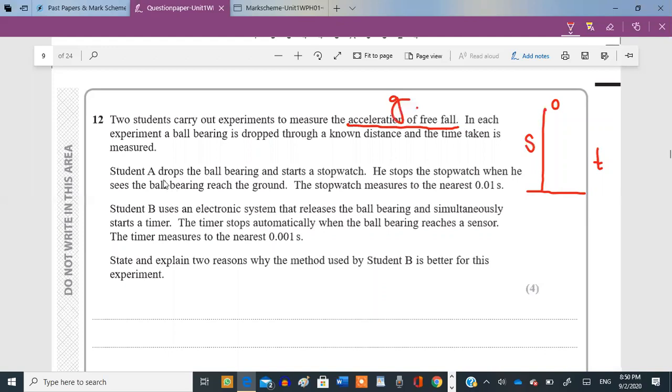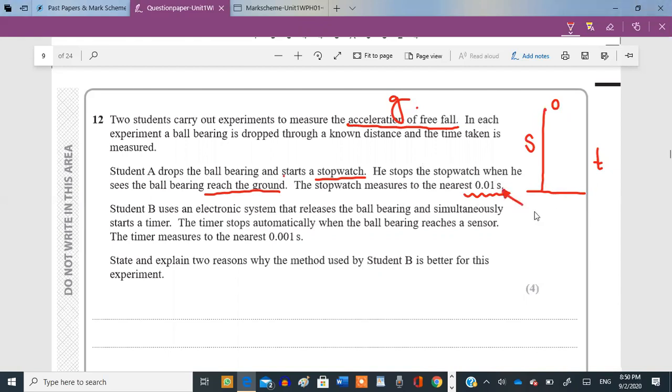Student A drops a ball bearing and starts a stopwatch. He stops the stopwatch when he sees the ball bearing reach the ground. When he looks at the ball bearing as it touches the ground, the stopwatch is stopped. And it measures to the nearest 0.01 seconds. What is this value?